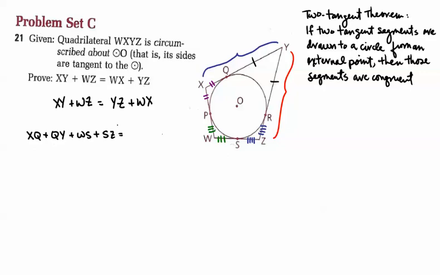On the other side, YZ is made up of ZR plus RY, and WX is made up of XP plus PW.